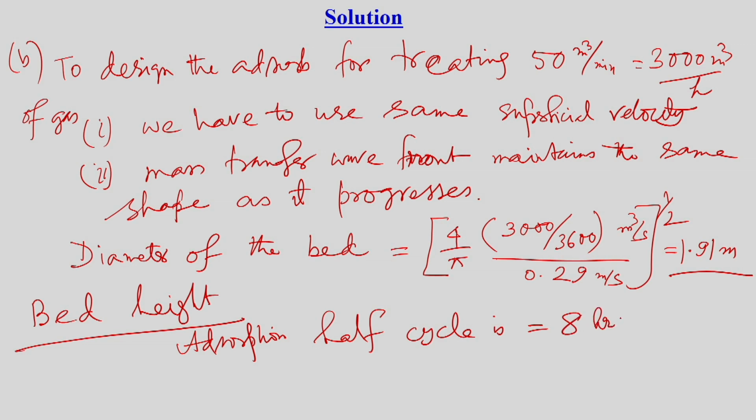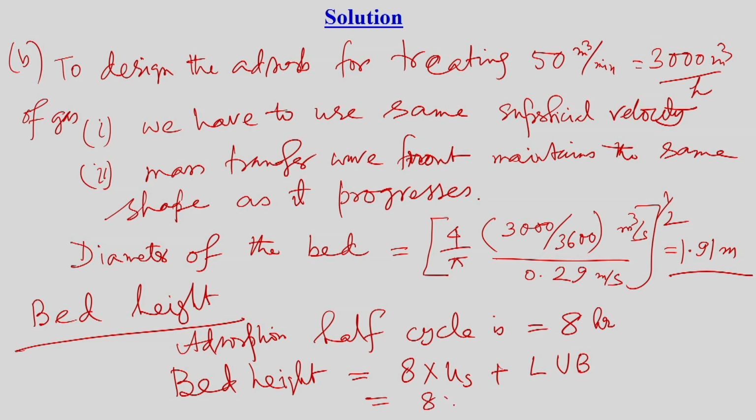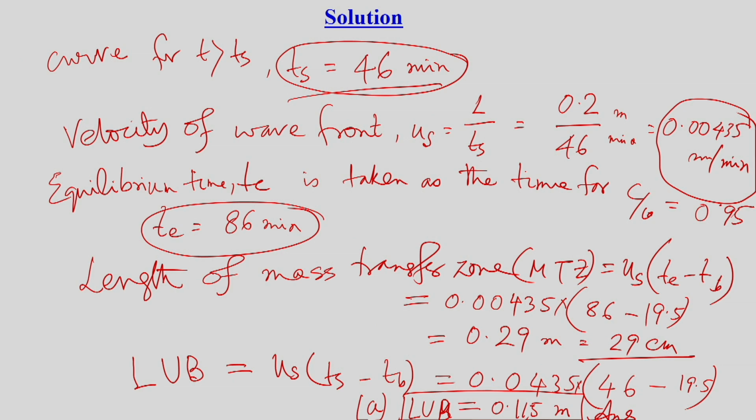So, bed height will be the total time into Us plus how much amount of unused bed is there, means how much is utilized and how much is unutilized. So, 8 hours into 60 minutes into Us, which is 0.00435, plus the length of unused bed, that is 0.115 meter.